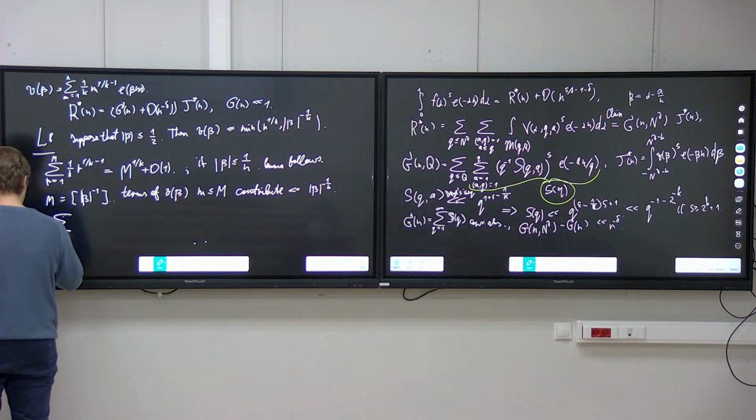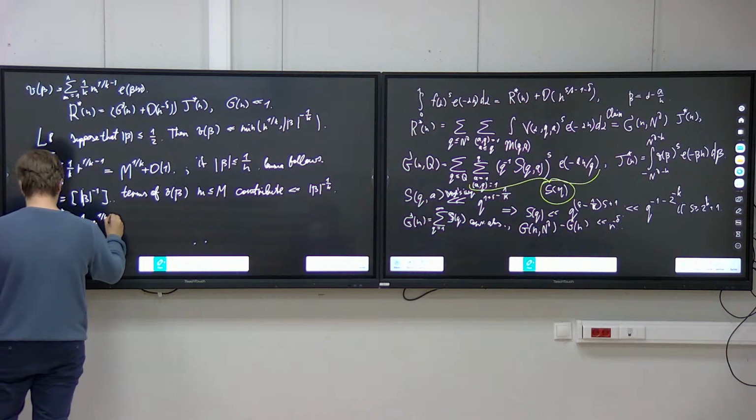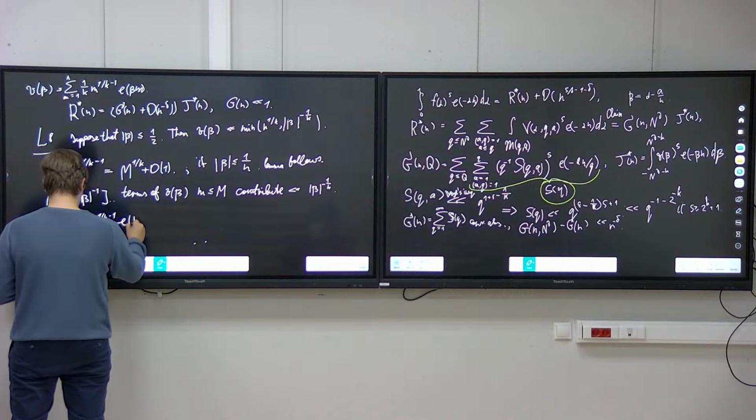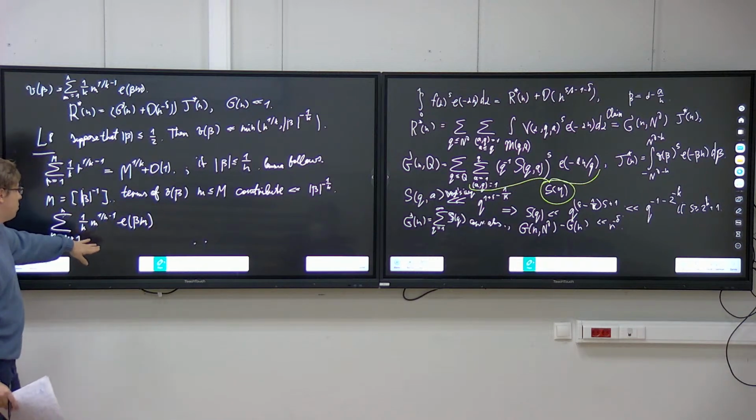So we should evaluate some of our terms. Such sum, from n plus 1, of 1 over k n to the power 1 over k minus 1, exponent of beta. And here we can integrate by parts, but we can also apply the Dirichlet criterion or estimate.